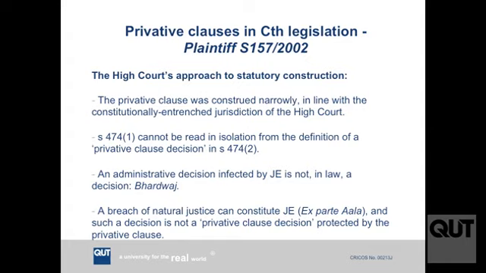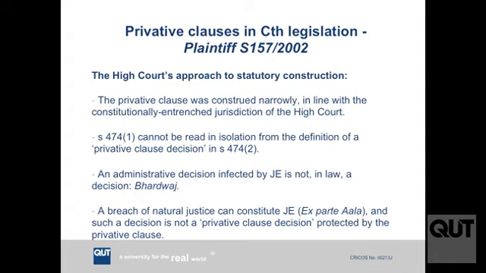So privative clause decisions under Section 474(2) must be decisions that are not infected with jurisdictional error. A decision involving jurisdictional error is not a decision made under this Act. Therefore, it is not a privative clause decision that is protected by the privative clause.